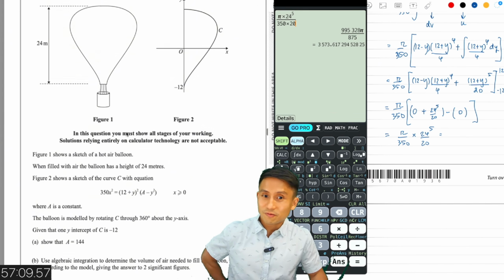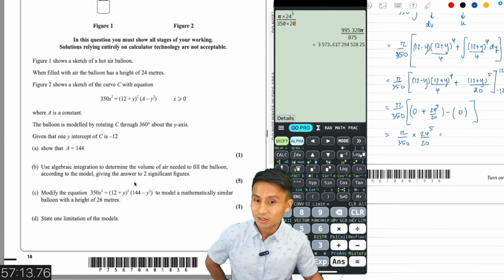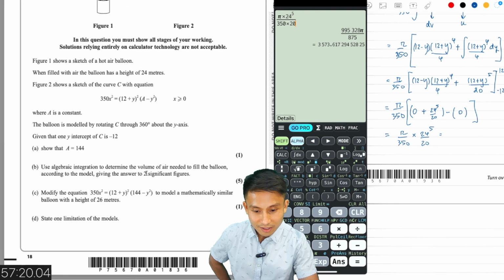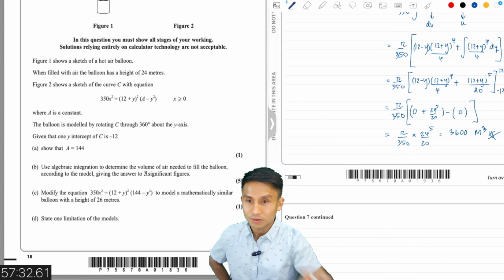Height of 24, everything is in meters, right? The volume, so we should answer in cubic meters. And that would be 3600, if you round that to 2 sig figs, cubic meters. All right, that would be my answer there.